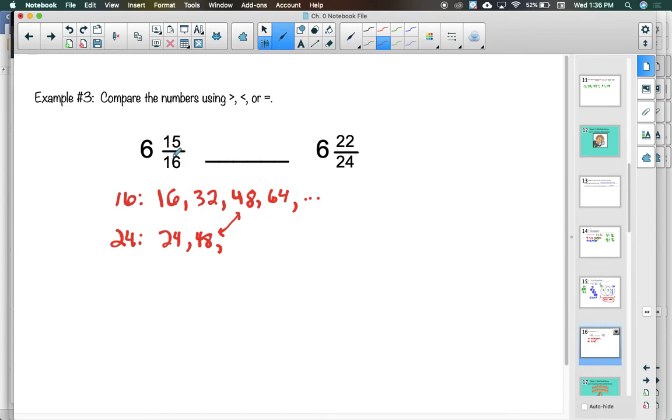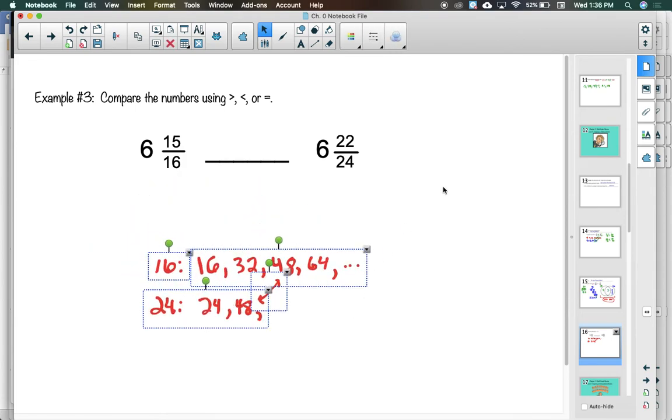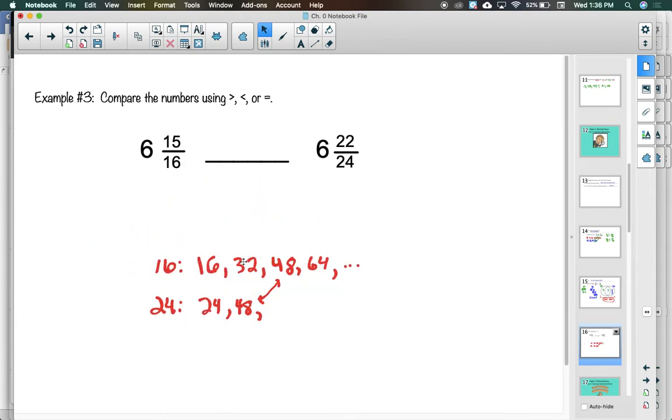All right? So if I want to turn 16 into a 48, let's move this, give us a little more space. 16 times 1, 2, 3 is 48. Remember, if you multiply the denominator by 3, you have to multiply the numerator by 3 as well. So I get 6 and 45 48ths.